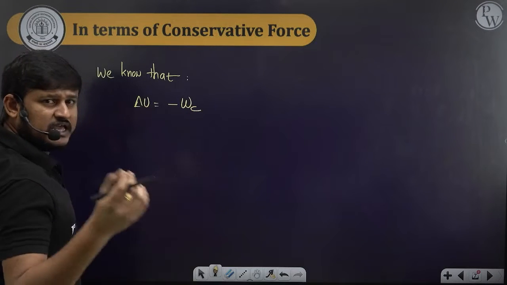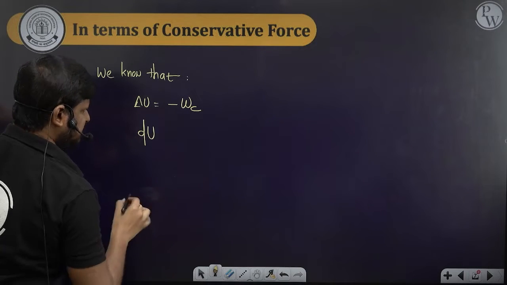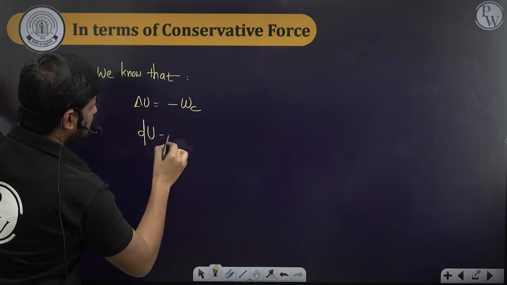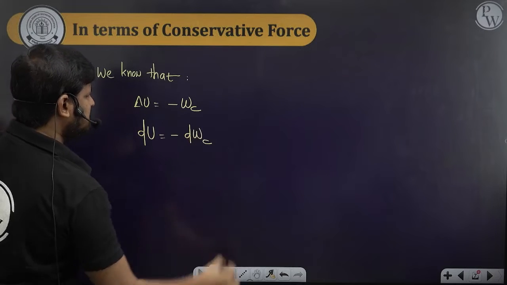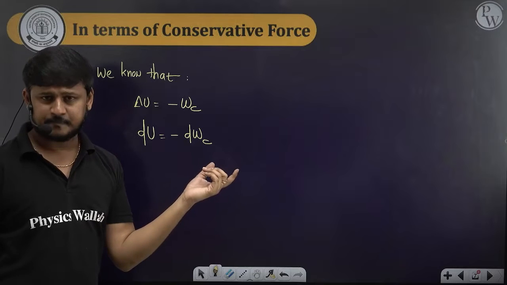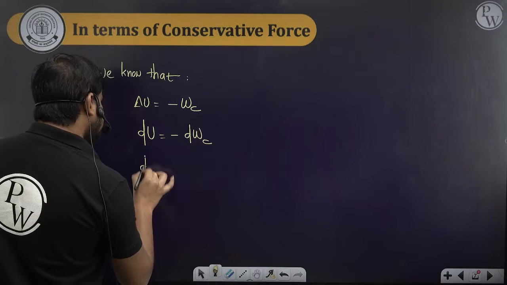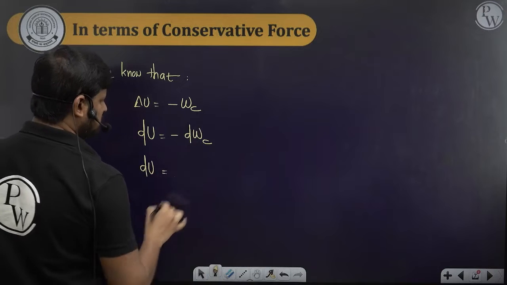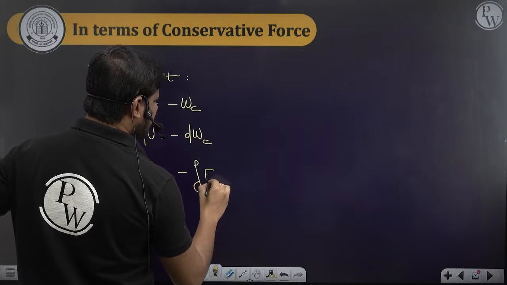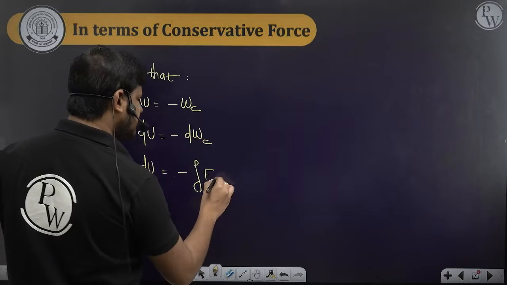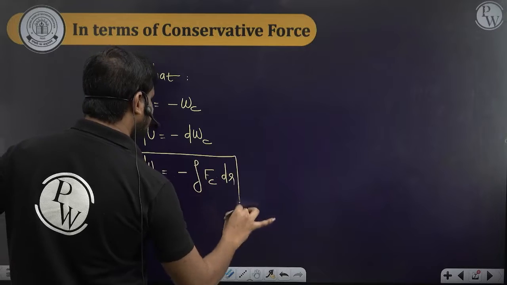If there is a very small change in potential energy, it equals minus dWc, the very small work done by the conservative force. So I can write dU equals, in place of dWc, the conservative force Fc into dr.